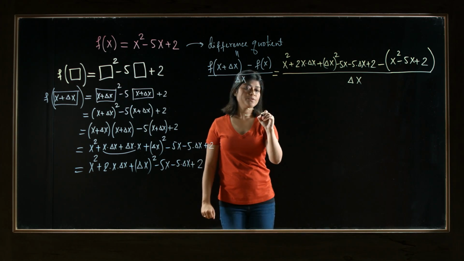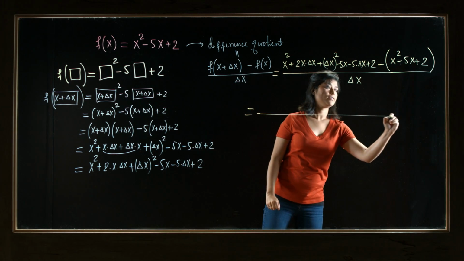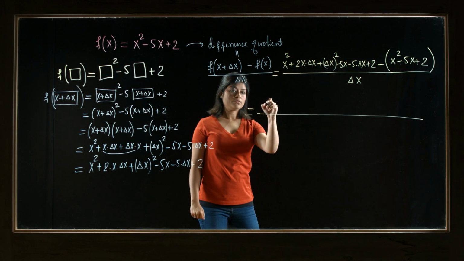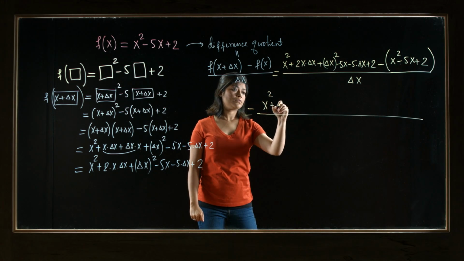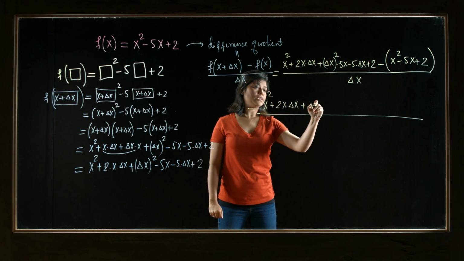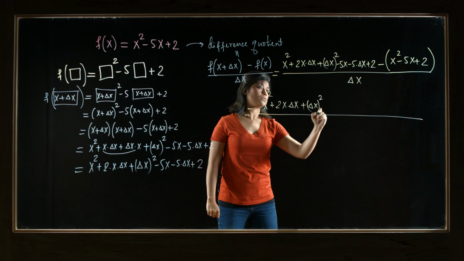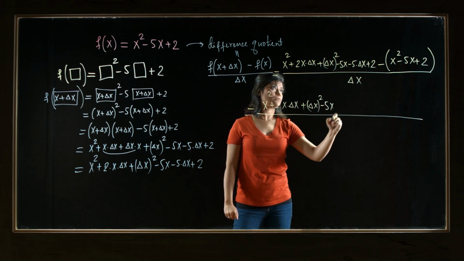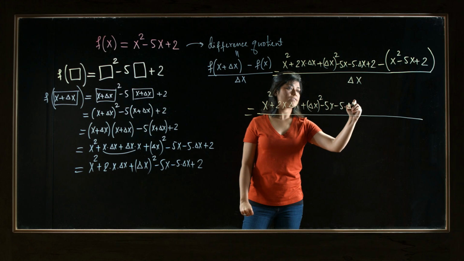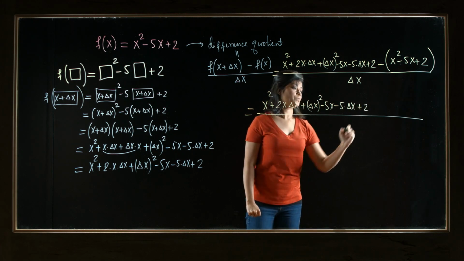All right, let's try to simplify. Let's write down everything again, but this time we will get rid of this bracket. So we have x squared, 2x delta x, then delta x squared minus 5x minus 5 delta x plus 2.